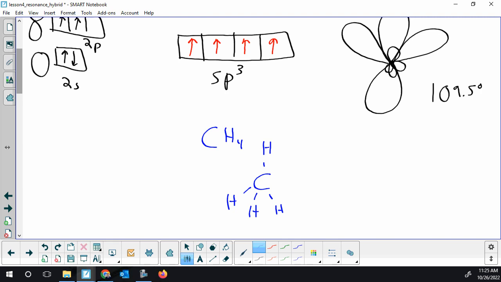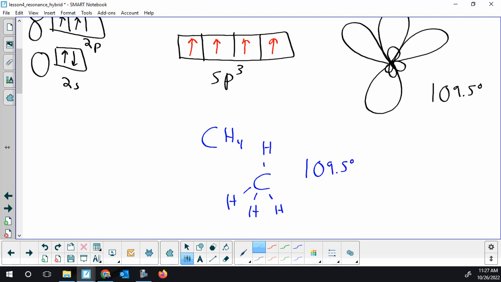Think of that as a 3-legged stool on the bottom with one thing sticking up. They're not flat. So methane.